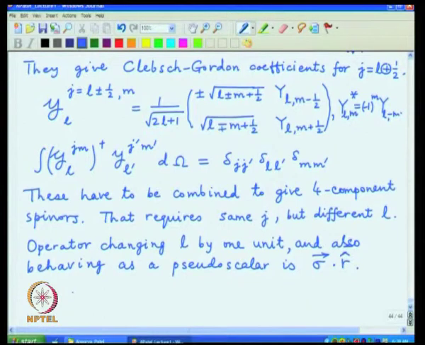The relation which is useful in understanding the various spherical harmonics is that in this particular basis there is an identity which says that sigma dot r operating on these script Y wave functions changes the L value by 1 to give the state with L plus or minus half, and the coefficient of proportionality, with all the normalization used, is just a negative sign.